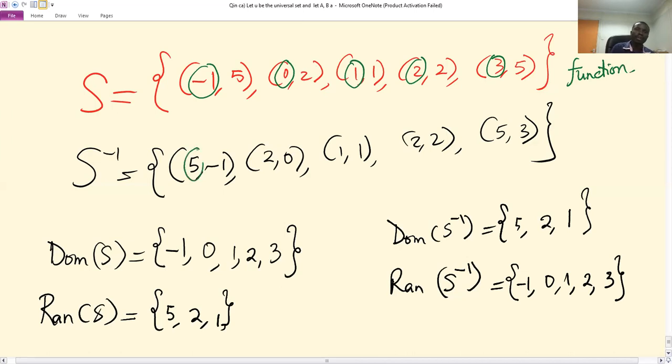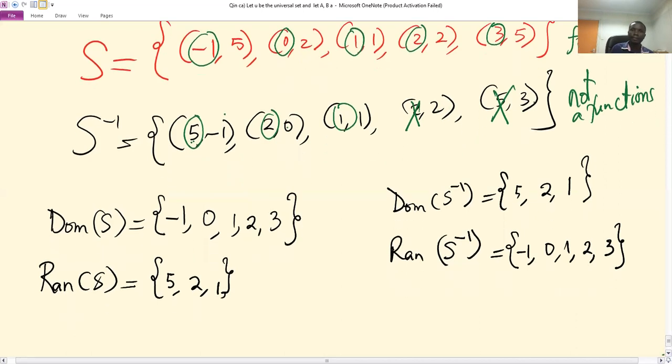For this other one, we have 5, we have 2, we have 1, but there's a repetition of 2, there's a repetition of 5. So this is not a function. Since there are those repetitions, and in repetition like 5, where 5 is the starting element, the second element is different from the other one. Similarly, this 0 is not the same as 2.